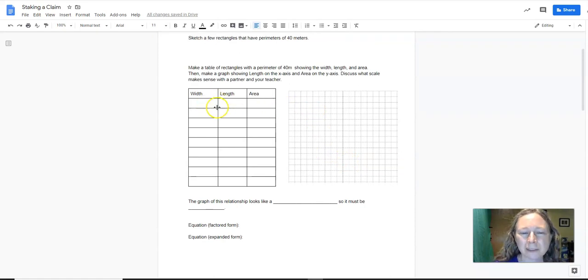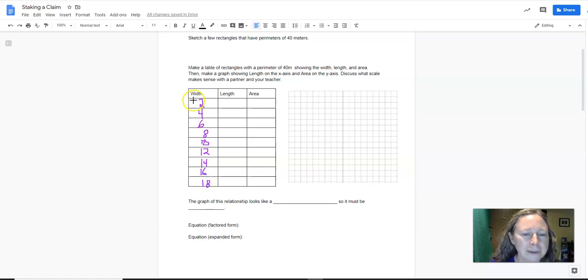Now we're not going to list all of them, but we'll try to be systematic about it. And let's start with where the width is, say, 2, and we'll just go up by 2's every time. 2, 4, 6, 8, 10, 12, 14, 16, and 18.